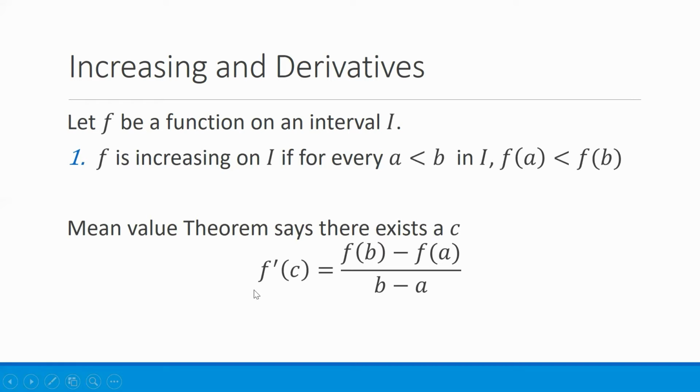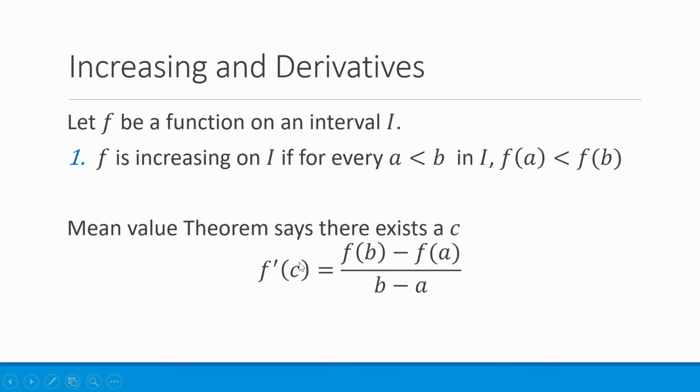Notice that f is increasing for every a less than b in the interval. So if f is increasing on the entire interval, then we can plug in values of a and b in this interval no matter where they're at.